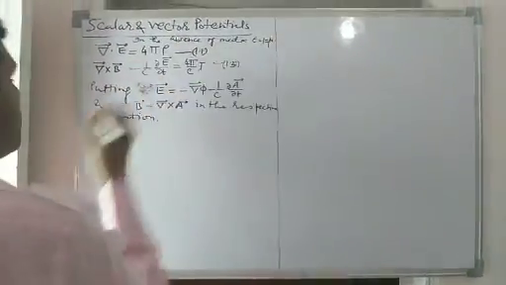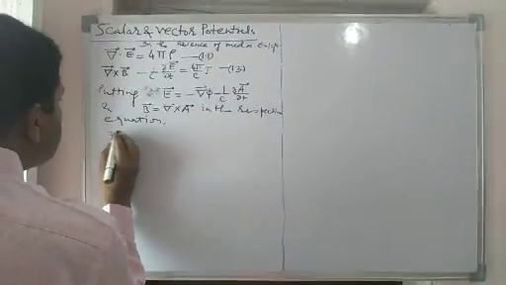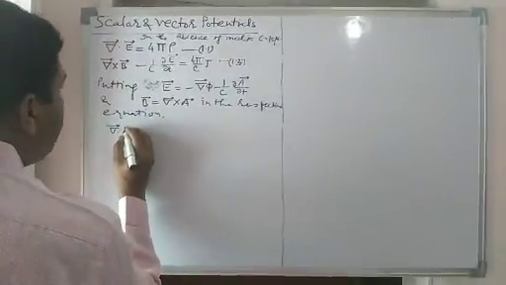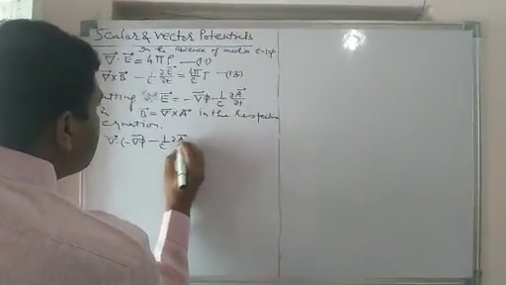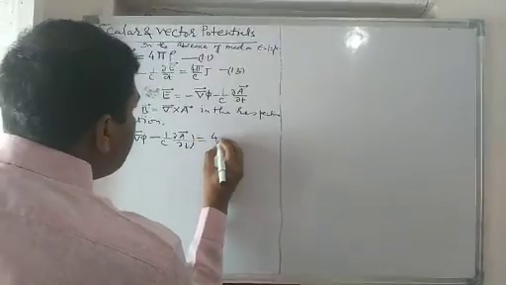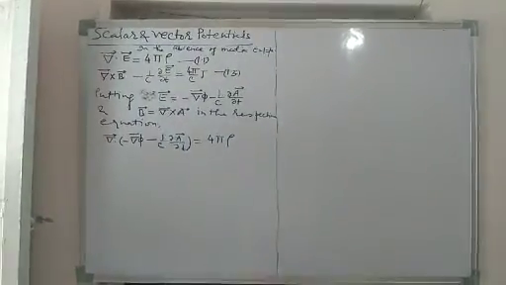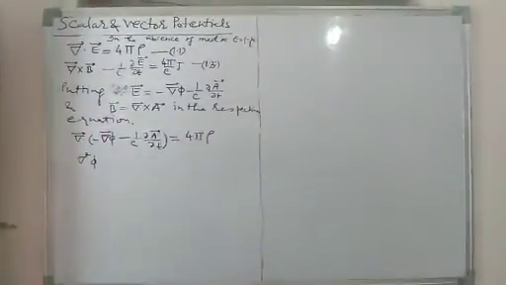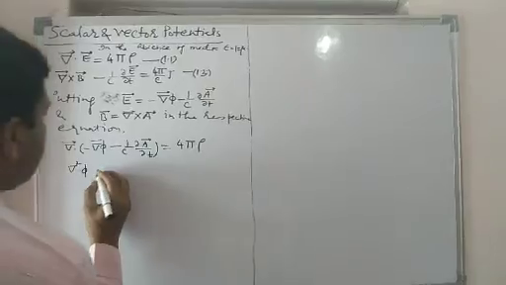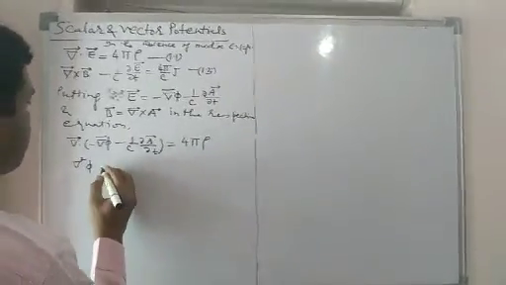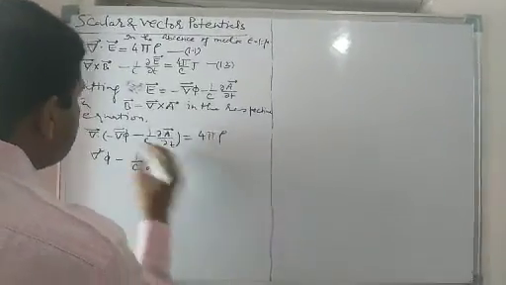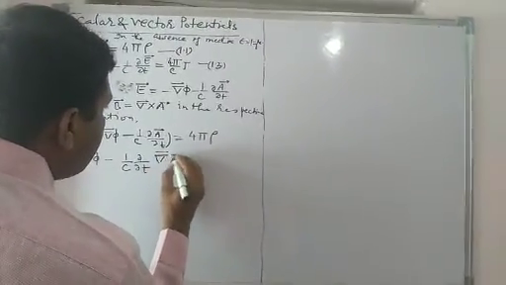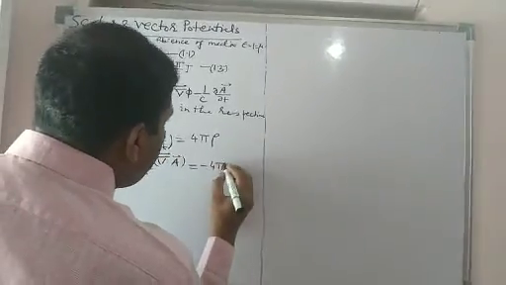So let us take equation number 1.1. That's going to be del dot E, which is del dot of minus del phi minus 1 over c del A by del t, and that should be equal to 4 pi times the charge density. So this will give us del squared phi, and we are sending it to the other side, plus 1 over c del over del t of del dot A, equal to minus 4 pi rho.